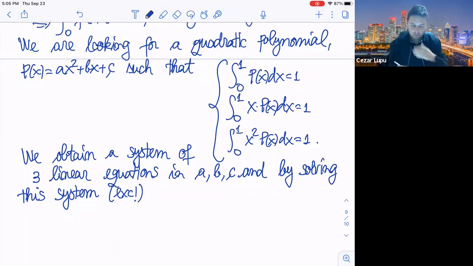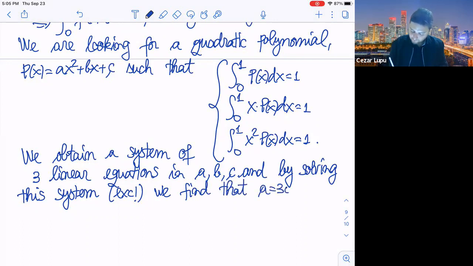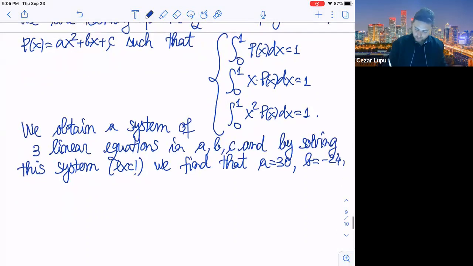So by solving this, we'll find that A is 30, B is, what was it, negative 24. I solved this. Let me find it. And C was 3. Okay, I hope, yes.